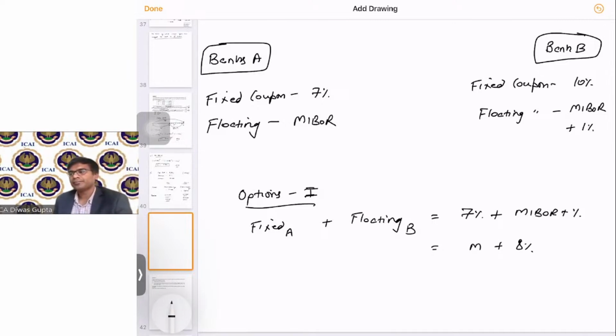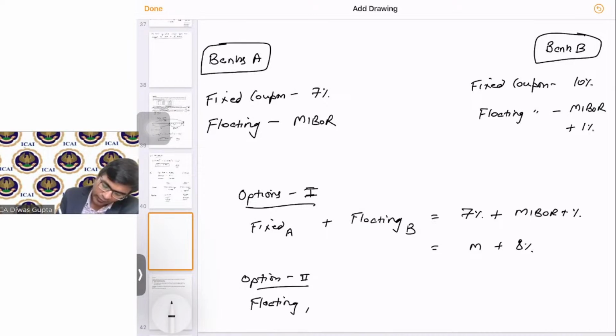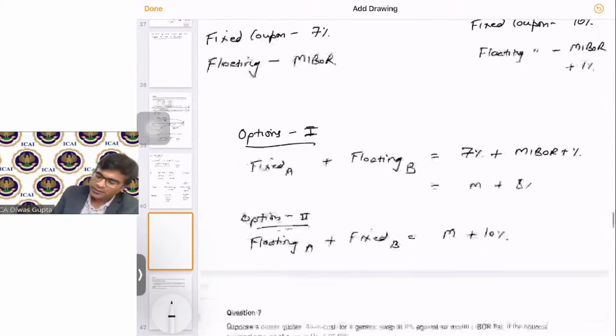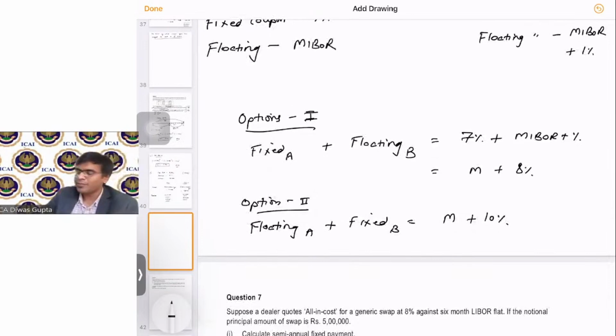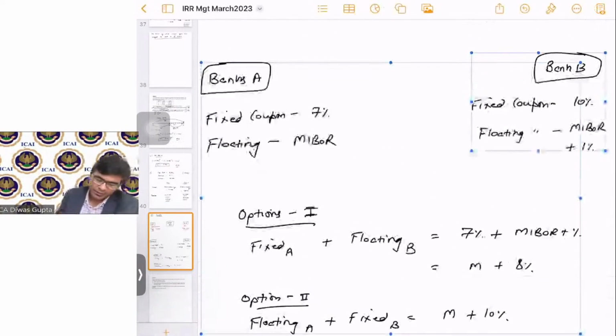Correct? And option 2 is the vice versa of option 1, which is floating for A and fixed for B. Floating for A is MIBOR only, plus fixed for B is 10%. So it comes out to be MIBOR plus 10%.